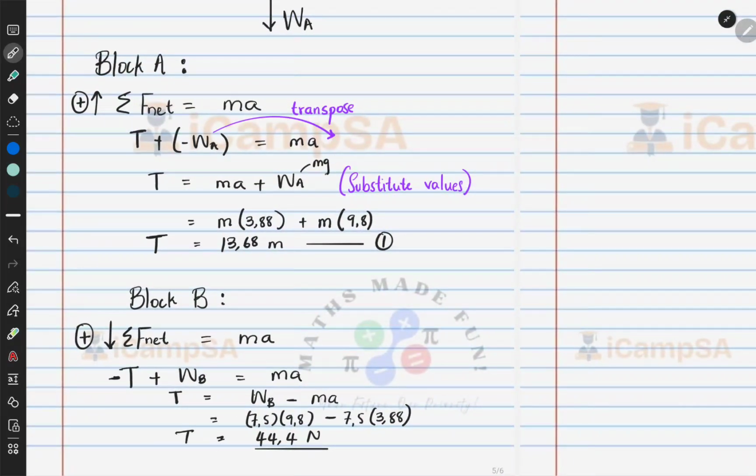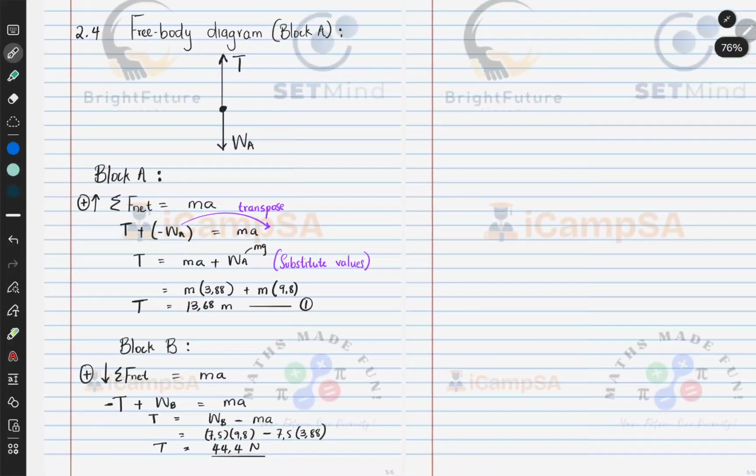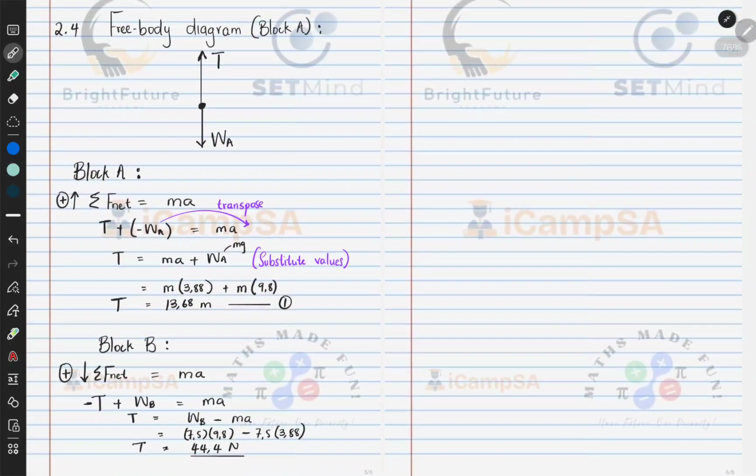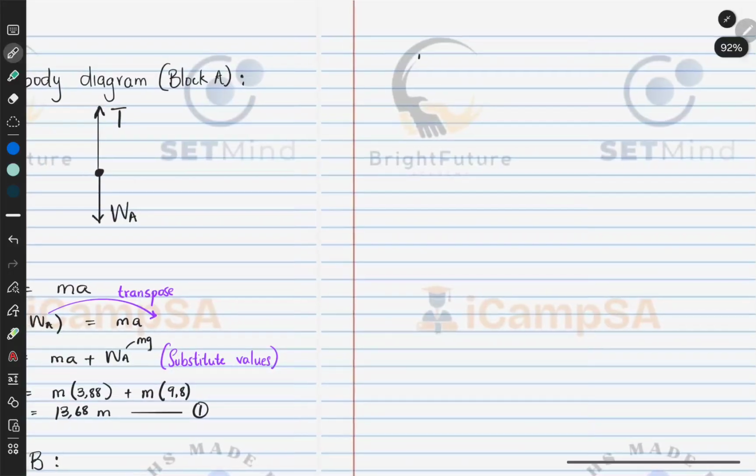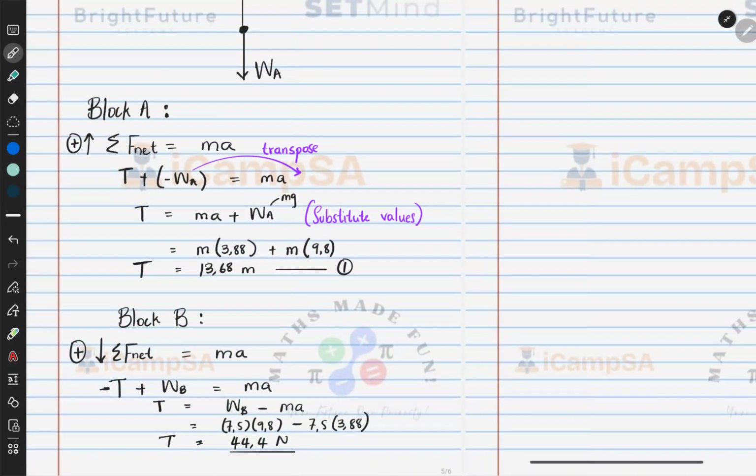So we know that these T's are the same. The tension in the rope is the same throughout. So we can equate 44.4 to 13.68 M. So we can say 44.4. 44.4 what? Newtons, okay?